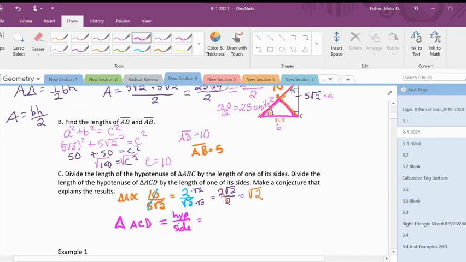So one of the sides is 5, and the hypotenuse is 5 square root 2. As you can see, we can reduce that and we get just the square root of 2. Can you make a conjecture about these results?